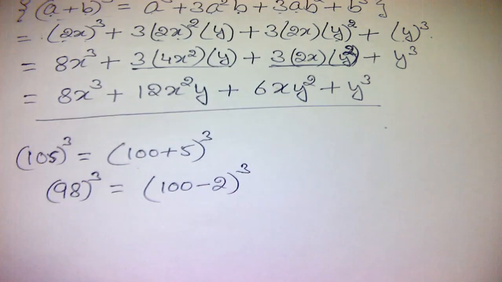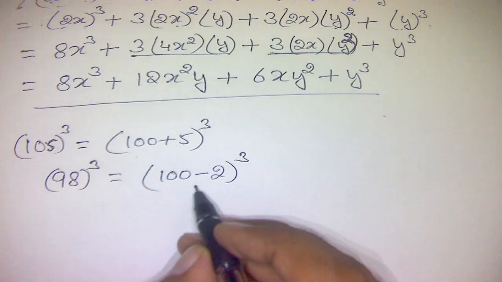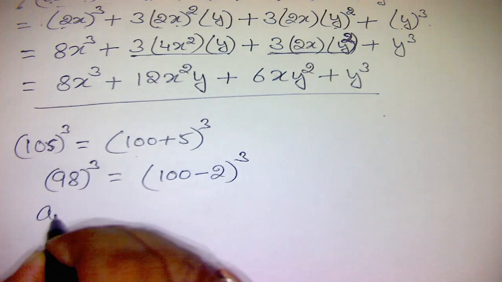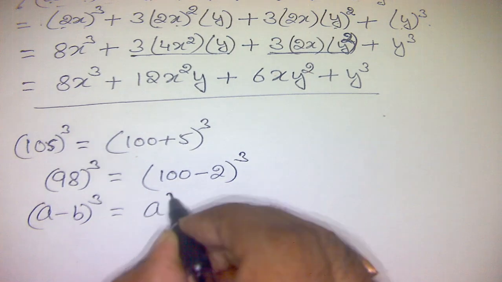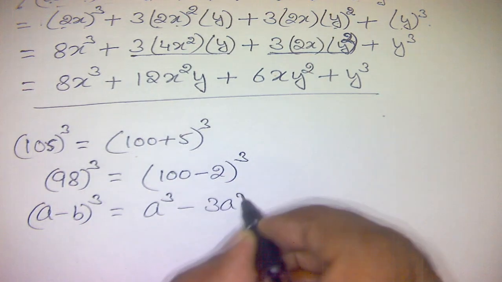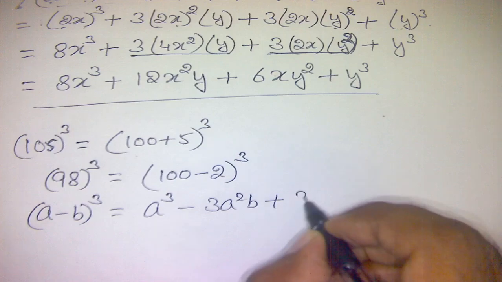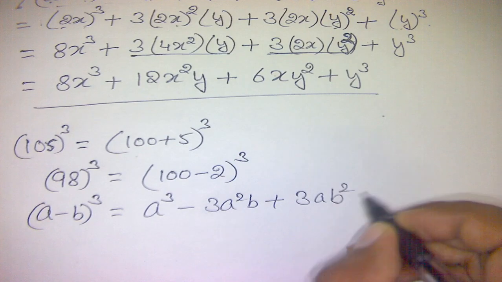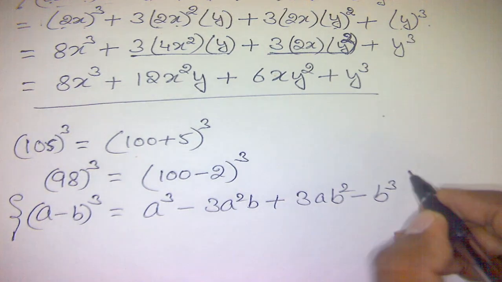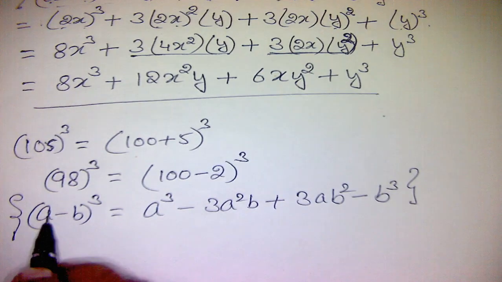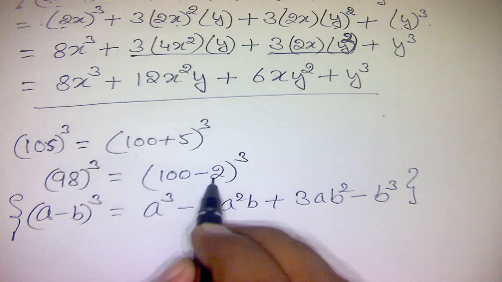And when you write it in the form of (100 minus 2) whole cube, which identity are you going to use? (a minus b) whole cubed equals a cube minus 3a squared b plus 3ab squared minus b cube, where a is 100 and b is 2.